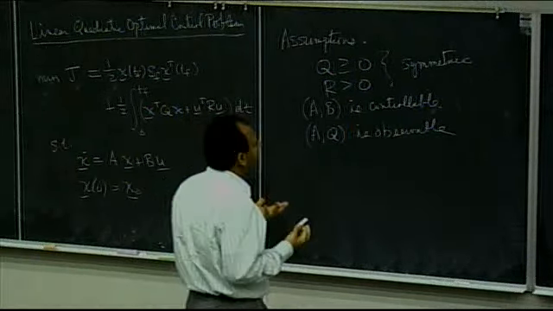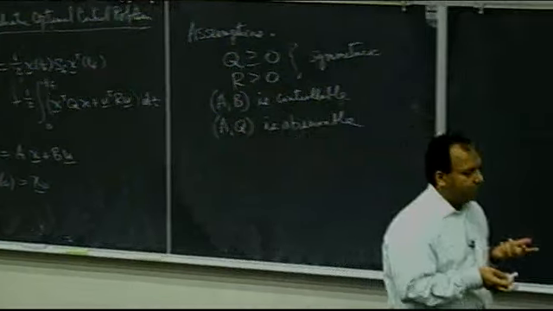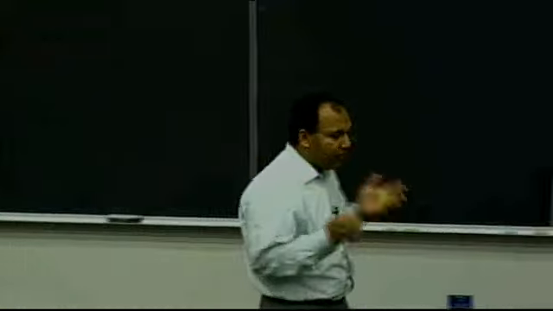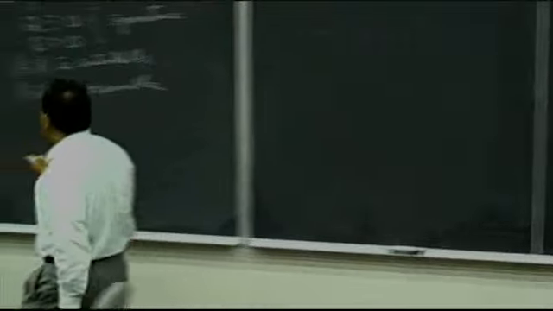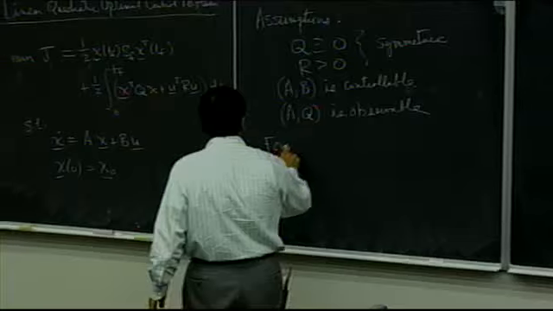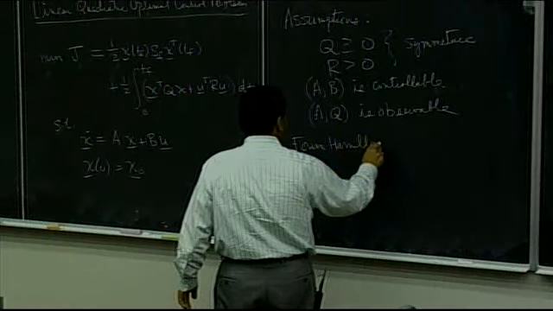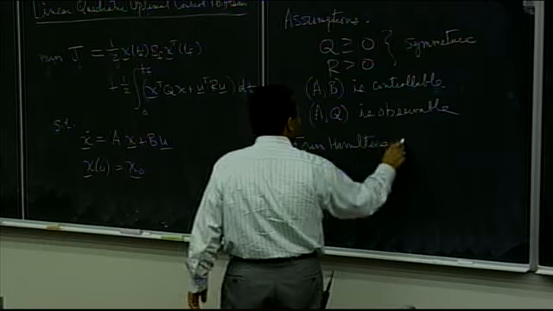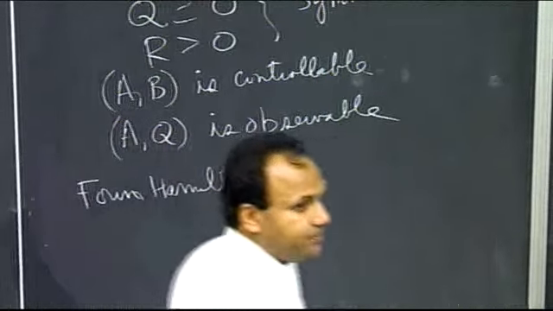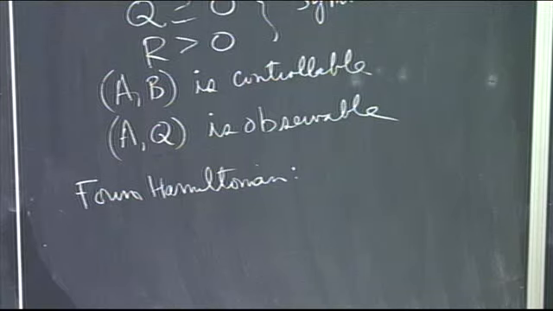So the first thing that you have to do in these problems is form the Hamiltonian. That's the first step, right? So we write down the Hamiltonian, and the reason we form it is because we need the costate equation. So we have to have the Hamiltonian in order to get that.